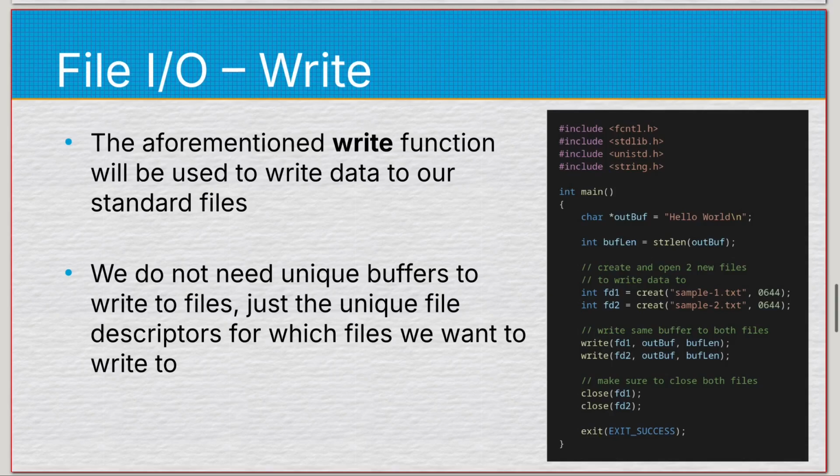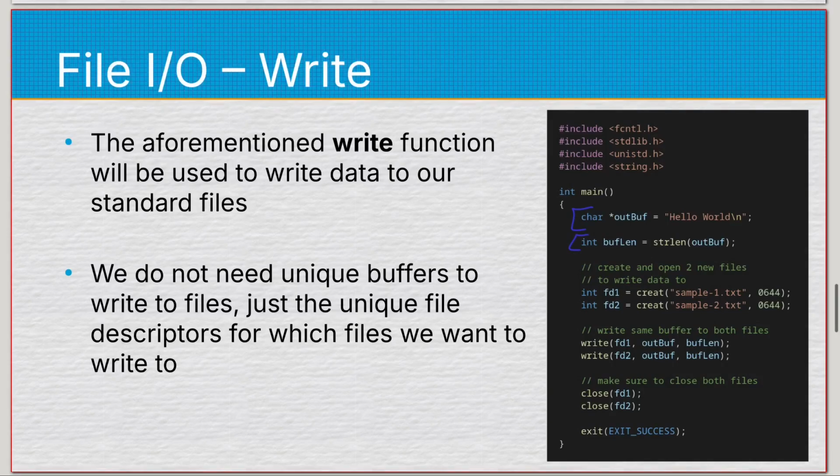Well, right here, I create my character array of hello world. Much like I did with the standard output one, I'm just going to write the same hello world out buff. I'm going to write that to actual text files. So I'll do the same thing, get the string length of that entire buffer.